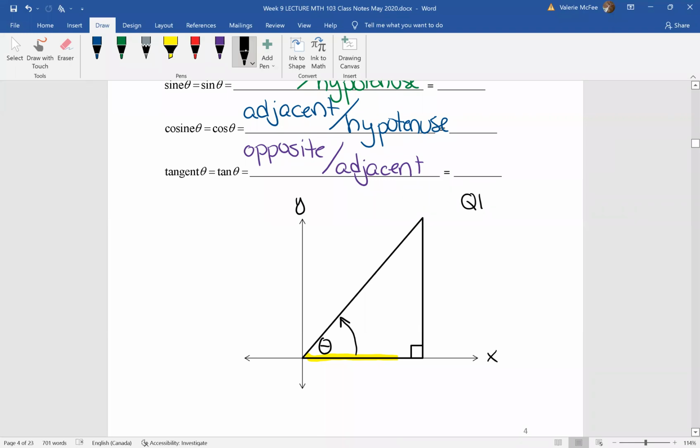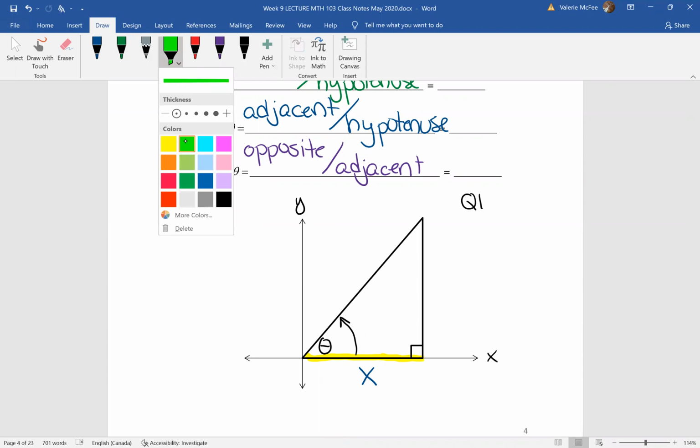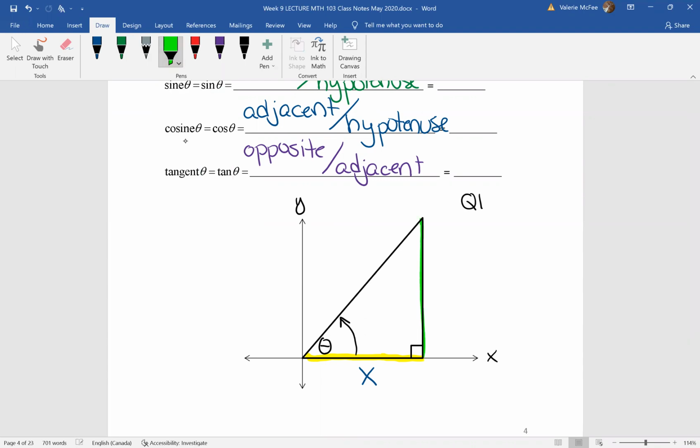But what we're going to do now is we're going to say that this side here along the x-axis is going to be called x, because its dimension, its length, is however far it reaches on the x-axis. We're going to look at the vertical side and see that it corresponds to some length y.